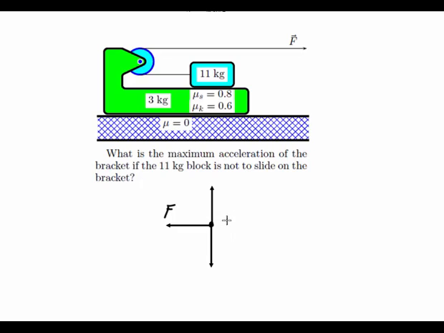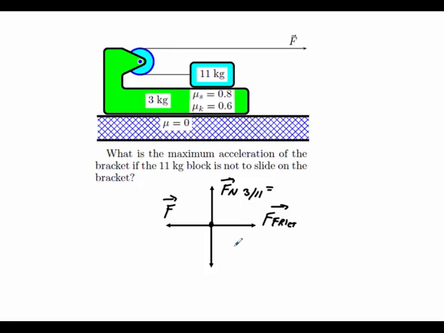So if we want to find maximum acceleration, we've got to let the force go to the largest value possible. So this will be our frictional force, F here. This will be F normal. And remember, this F normal is the force that the 3 is pushing onto the 11.